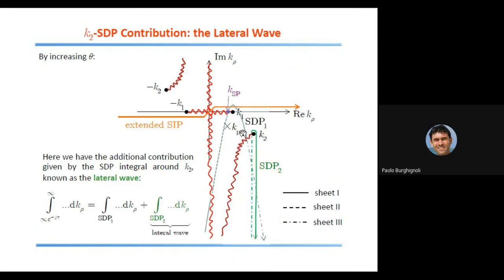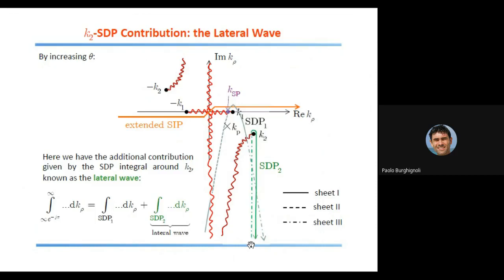Now, if it crosses also the second branch cut, then in order to apply Cauchy theorem, we need to detour around the k2 branch point in order to come back to the top Riemann sheet. So we have to add this green folded integration path that allows us to come back to the top integration path.